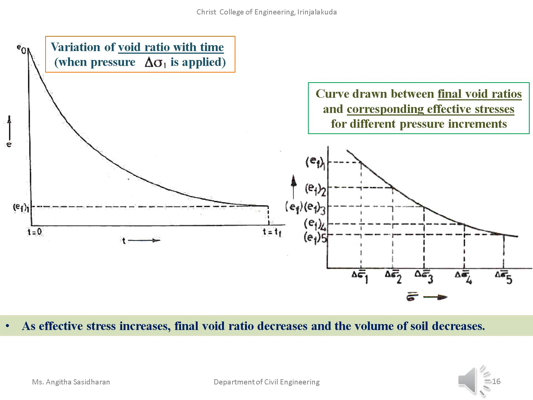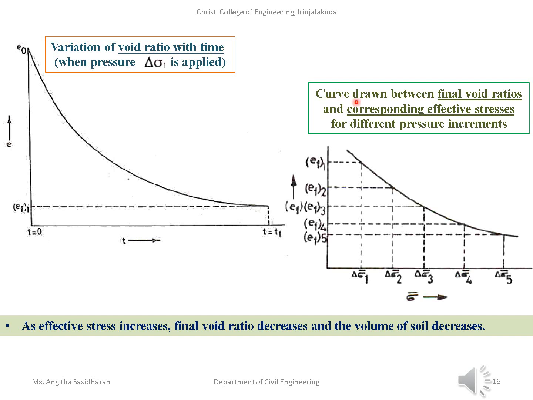Then we can get a similar plot under a pressure delta sigma 2, and again a similar plot for a pressure delta sigma 3, and so on. Every time we will get a final void ratio e_f1, e_f2, like that. If we plot those values, we will get a curve like this.